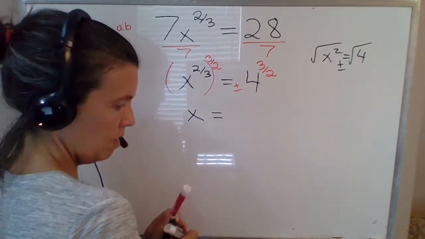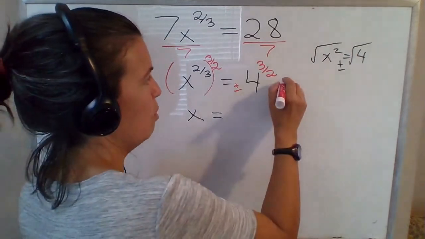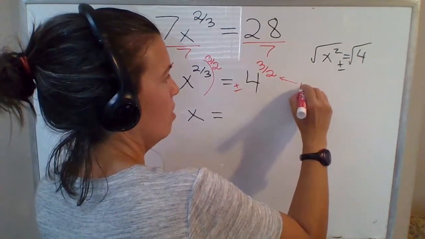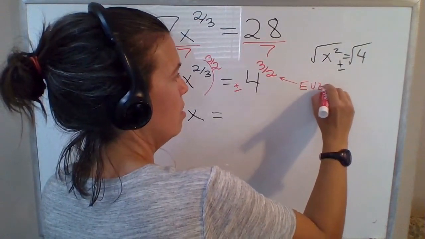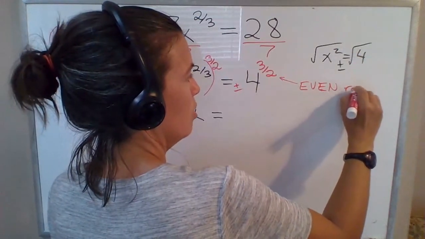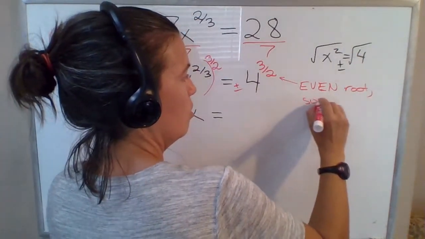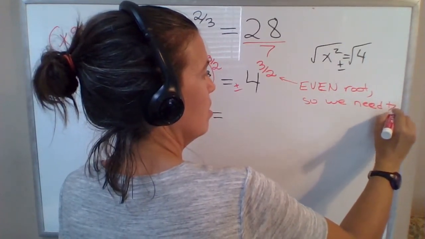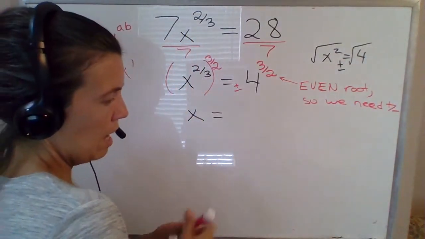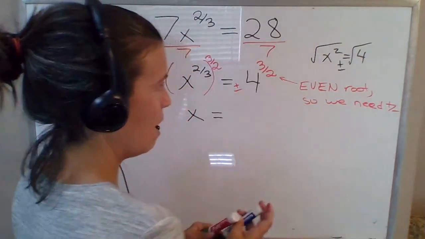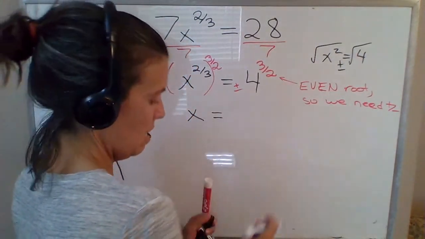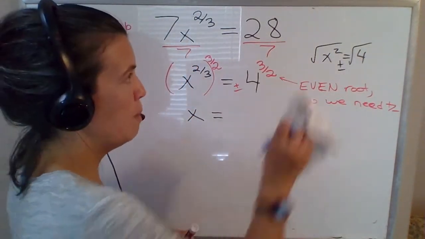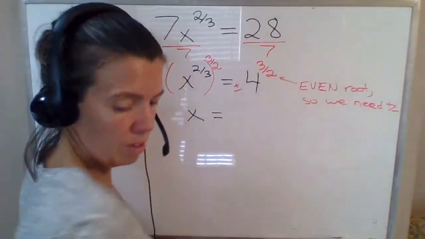Actually, hold on, let me label. We have an even root, so we need that plus or minus in front. We have an odd power, so we're solving by taking this expression to an odd power, the third power.